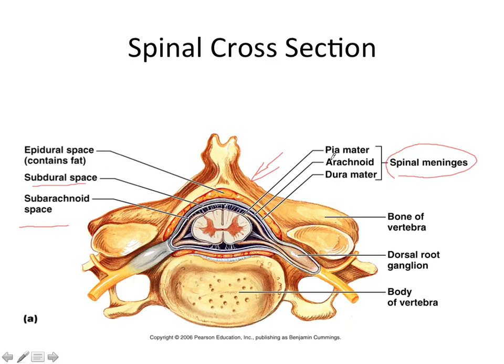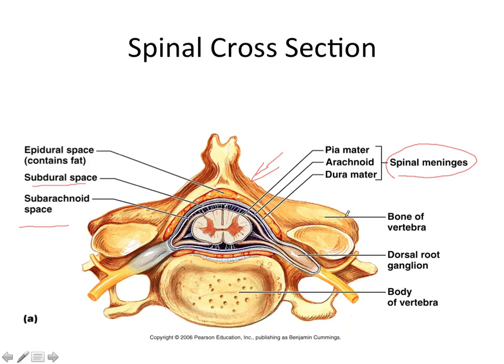The spinal meninges consist of the dura mater, which is the outermost layer, and then the arachnoid membrane, which is the middle layer. The innermost layer is the pia mater, which just covers the spinal cord.